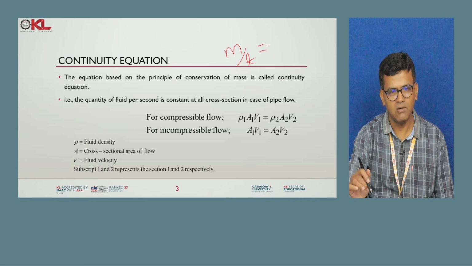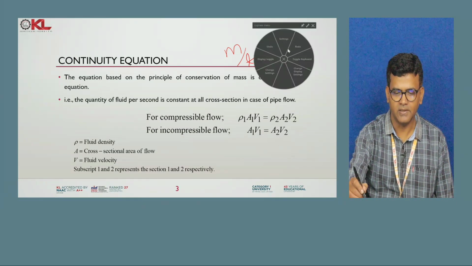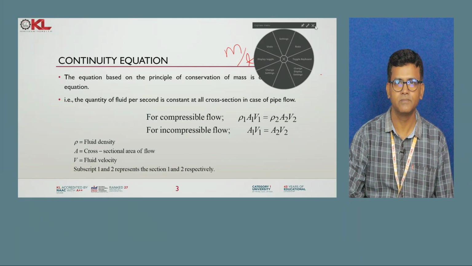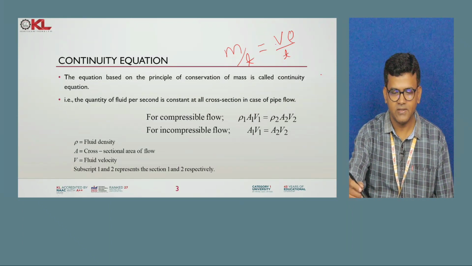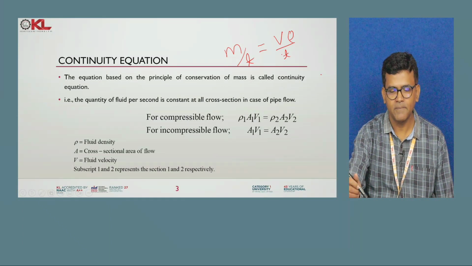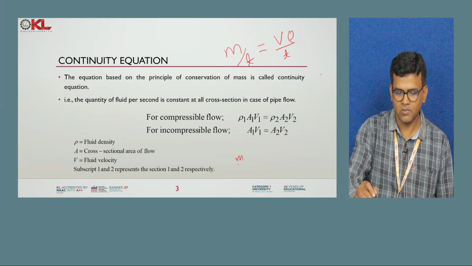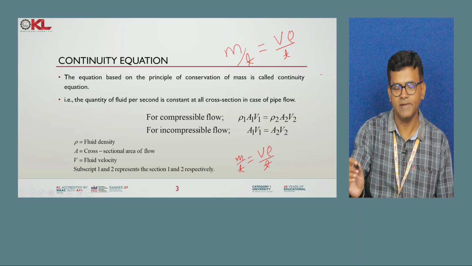So how can you write the mass? Volume into density. So m upon t is equal to volume into density per unit time.